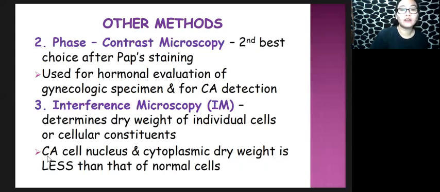Take note that your cancer cells have less dry weight as compared to your normal cells, because you expect to see fewer structures in your cancer cells. The different structures present in cancer cells undergo disintegration and dissolution. Thus, their dry weight is less than that of your normal cells.